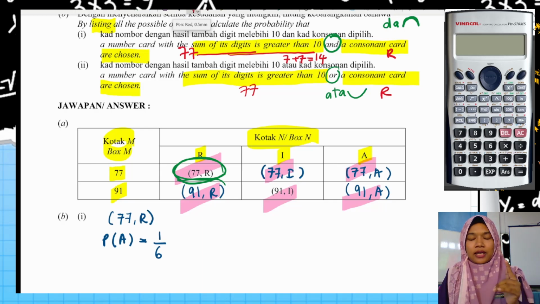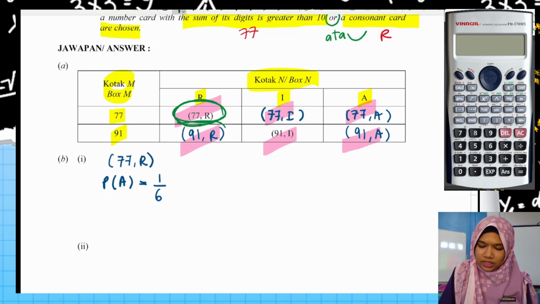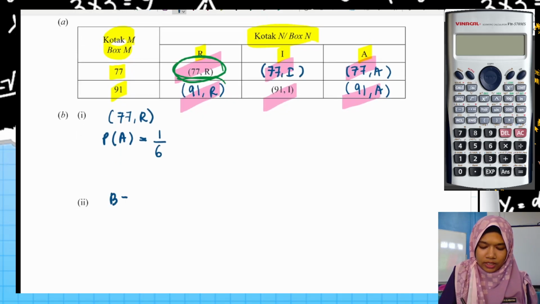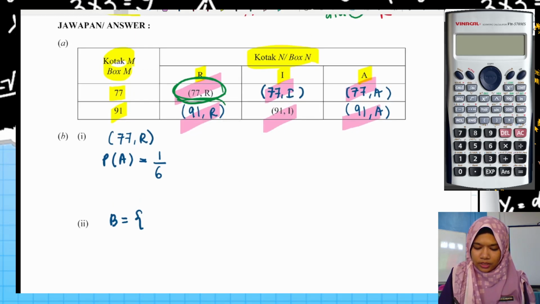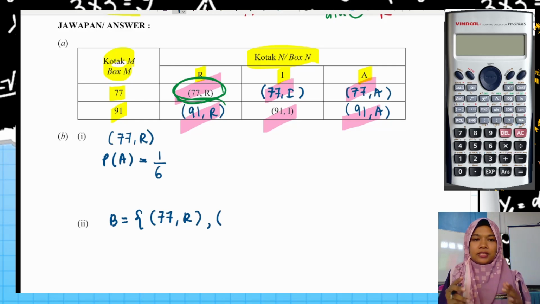Either one mesti ada. Either 77, okay, or the consonant must have in the outcomes. Okay, so you list, okay, B, this one I tulis B, okay, B 77 R, okay, or because union okay, salah satu mesti ada, either 77 or consonant.